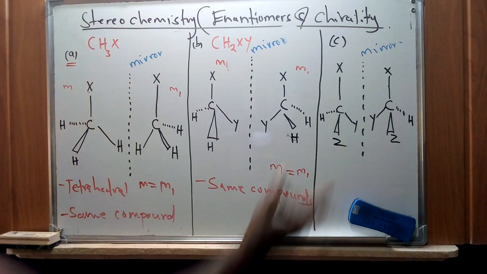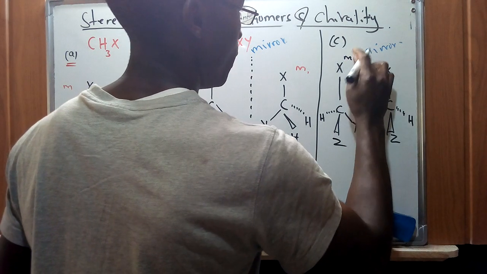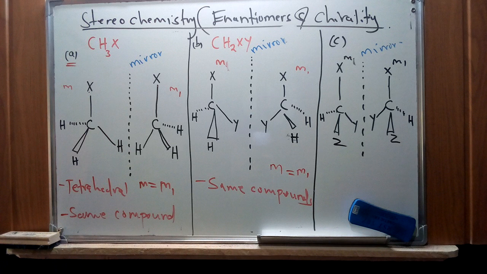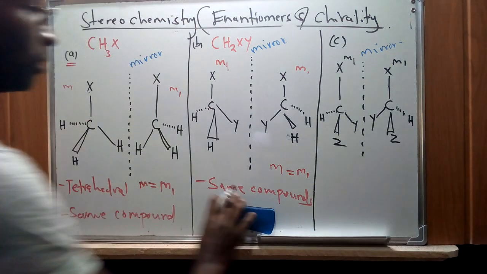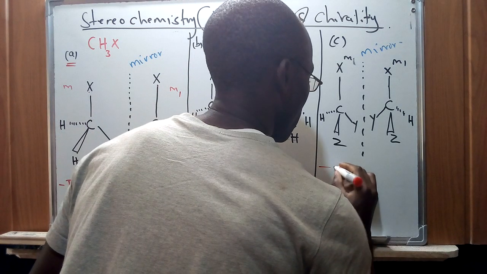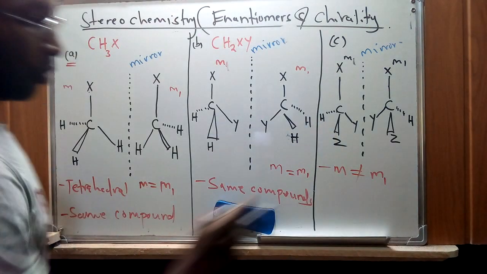If we try to do a mirror image for this particular compound, so this is M and this is M1, where M1 is its mirror image. If we try to do a superimposition of this kind of molecule, we'll find that we have a different kind of molecule, with M and M1 not being the same compound.